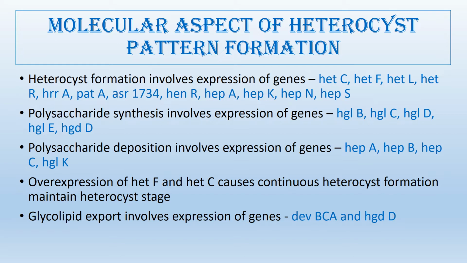Overexpression of HETF and HETC will cause continuous heterocyst formation. So all these are stimulatory genes needed for heterocyst transformation. Also, for glycolipid export, we need the DEVBCA gene and HGD genes.